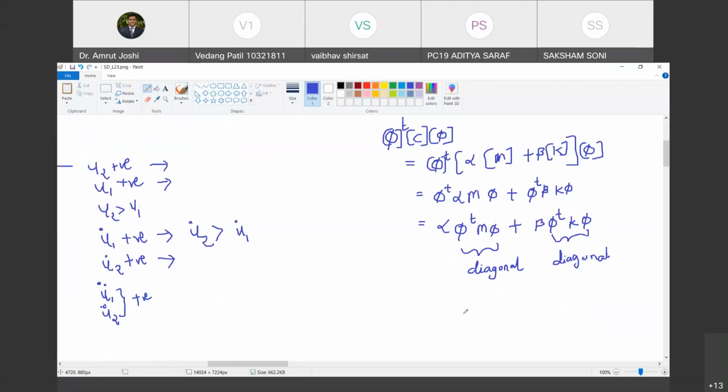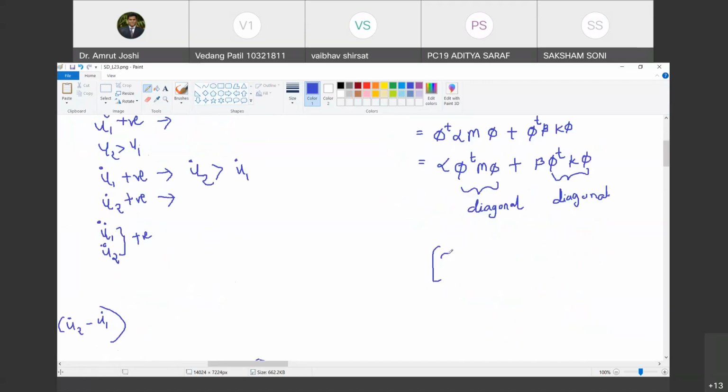Yes, because a diagonal matrix looks like A, B on the diagonal with zeros elsewhere, plus C, D with zeros elsewhere. Their addition is going to be A plus C, B plus D with zeros elsewhere. It is also a diagonal matrix. So addition of diagonal matrices is also diagonal.